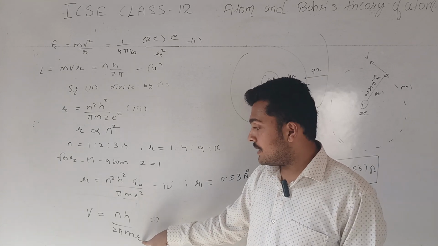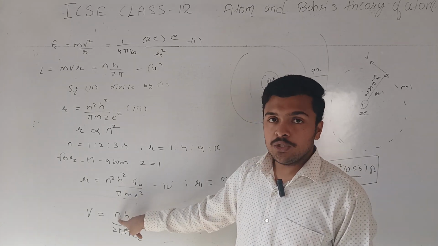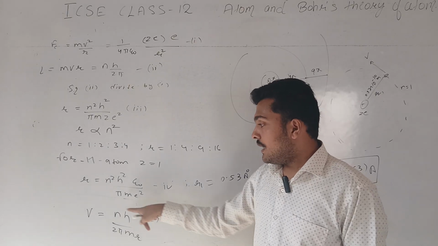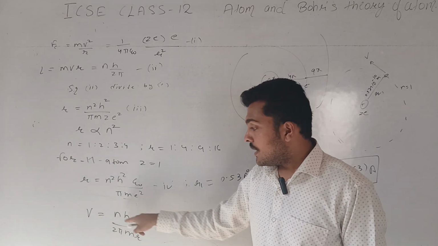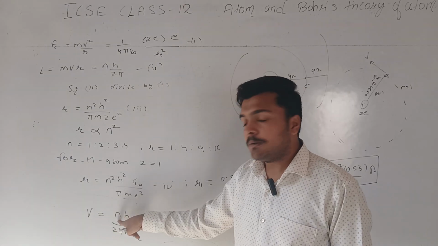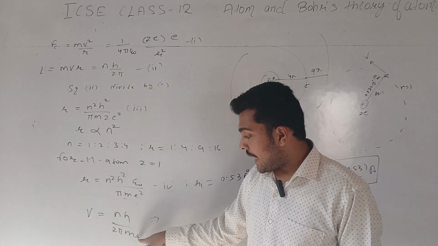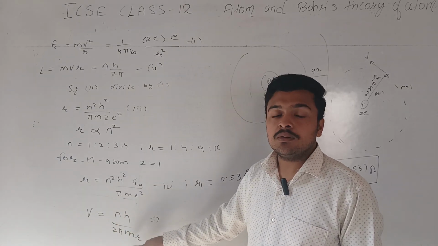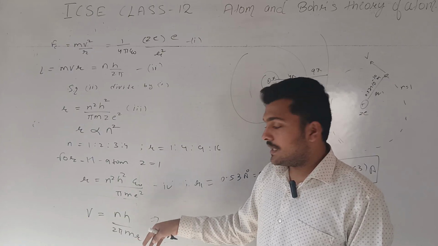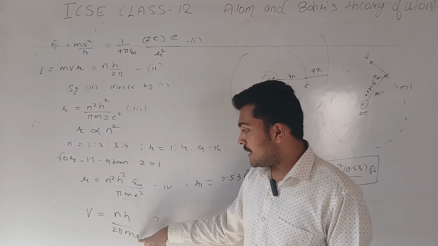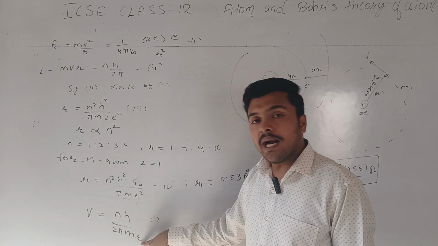If n square is here and n square is in the numerator, they will get cancelled out, and the resultant v will be inversely proportional to n. Here it seems like it is directly proportional, but there is an n hidden in r also. This is known as an explicit or implicit relation. There is an implicit relation of v with n due to r also.